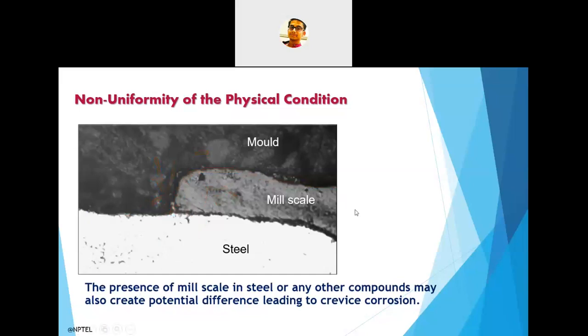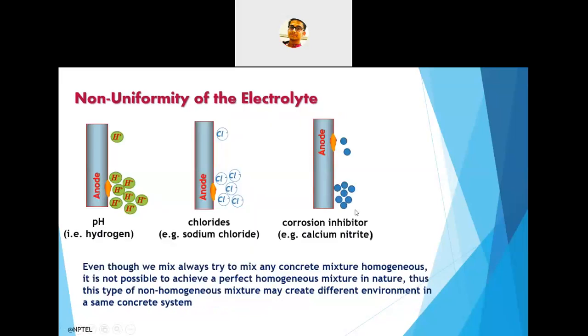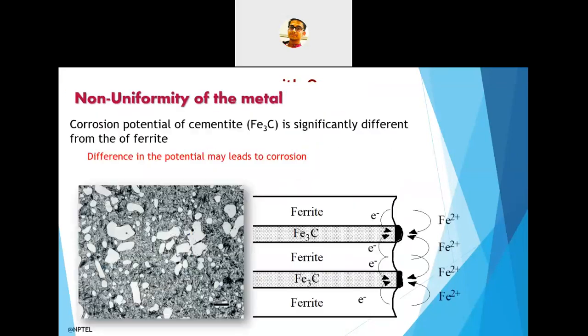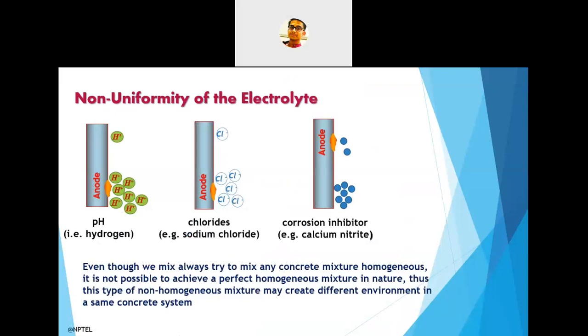These are the reasons why we can have cathode and anode in the same piece of metal, due to non-uniformity of the materials and of the electrolytes. I just showed you two or three examples; it may be due to different factors also, due to heterogeneous mixtures. It is not possible to achieve a perfectly homogeneous mixture in nature for the concrete mix.